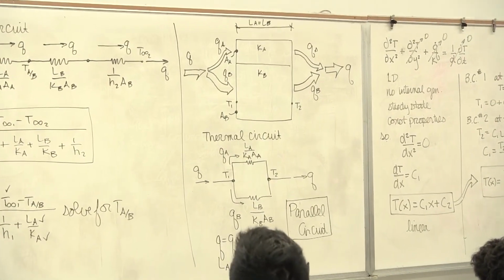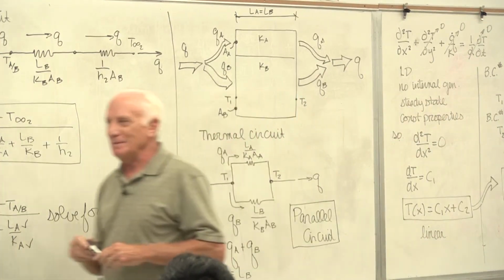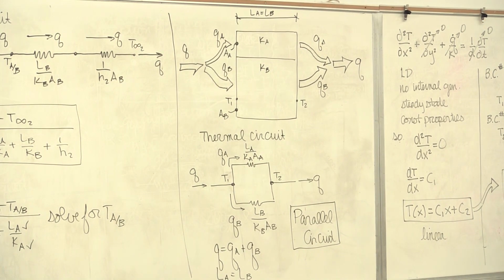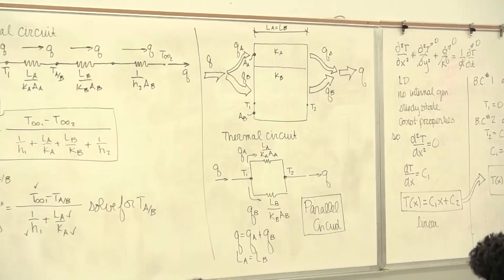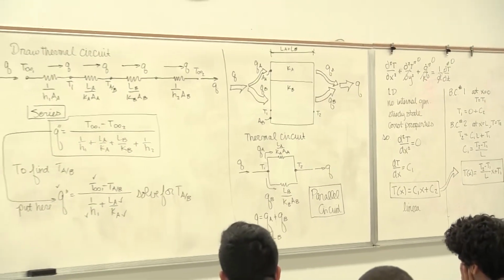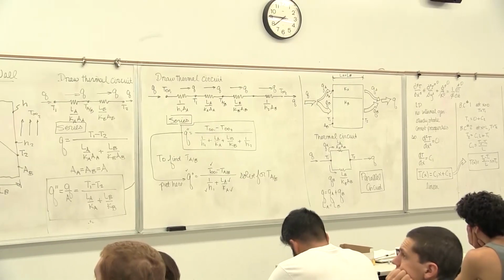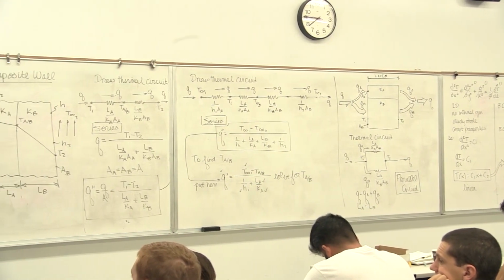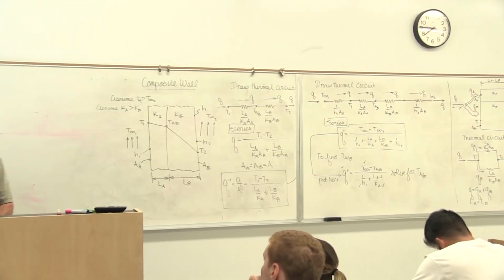Where do you get parallel circuits? Well, not quite, but here's a wall. There's glass in part of the wall, and there's concrete here. If they both had the same thickness, this might be glass blocks, for instance. Some of the heat that goes through here goes through the concrete wall, and some of the heat would go through the glass blocks.